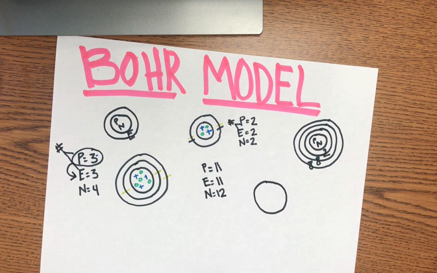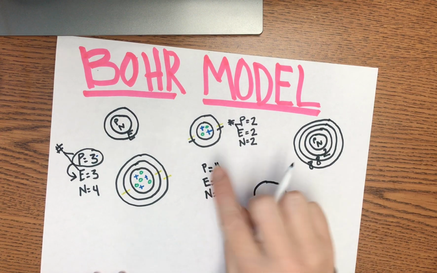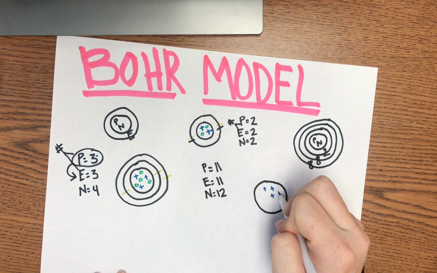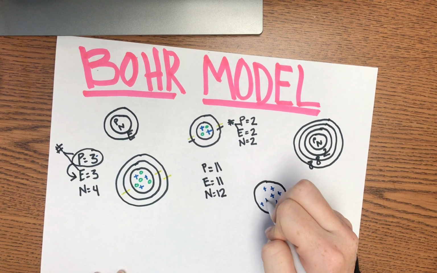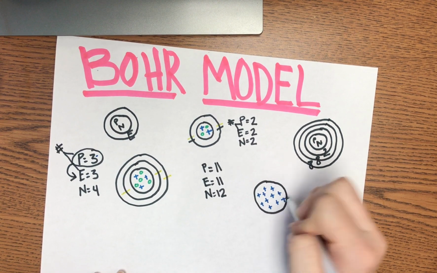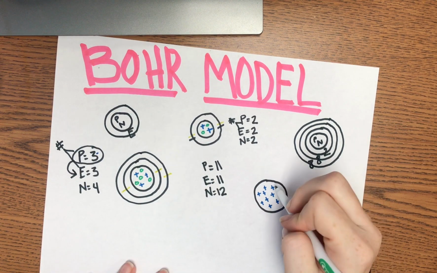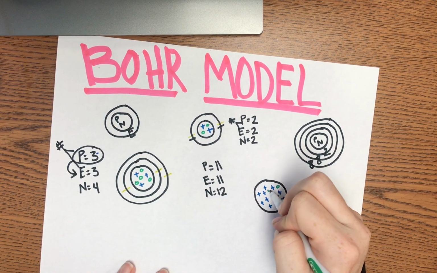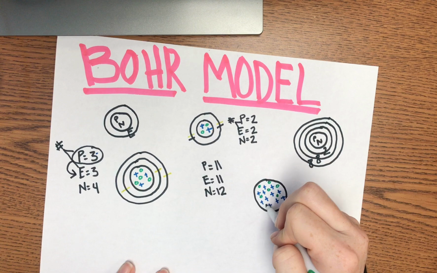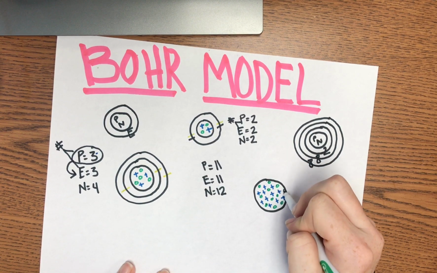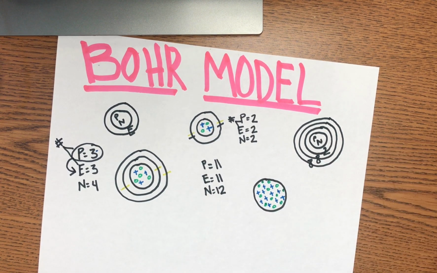I'm going to draw this one slightly bigger because we're going to have to put a lot of particles inside of here. We need to put 11 protons. Then we need to add 12 neutrons.